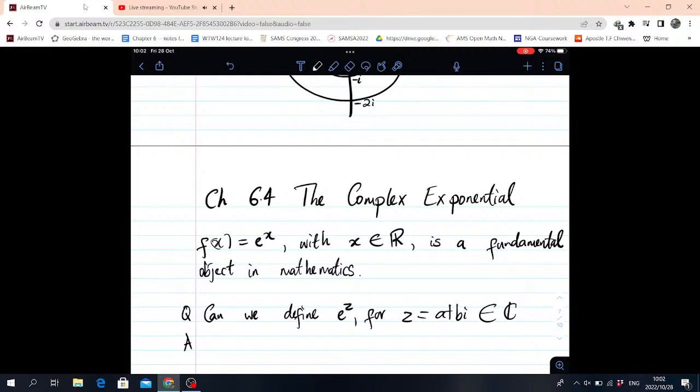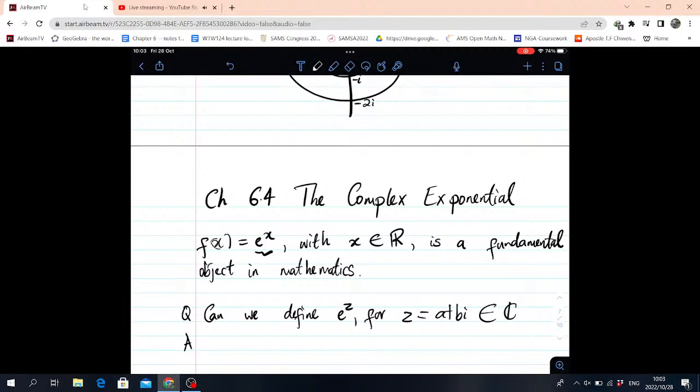Our first question is, as you saw, whenever we are dealing with complex numbers, since they are an extension of real numbers, we want to explore all the things that we know about real numbers, and then we see what happens if you are dealing with a complex number instead of a real number. So in this case, we know the exponential, which is fundamental in maths.